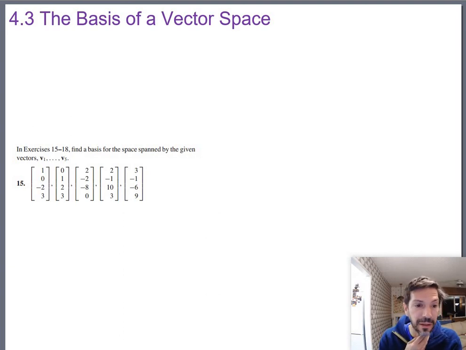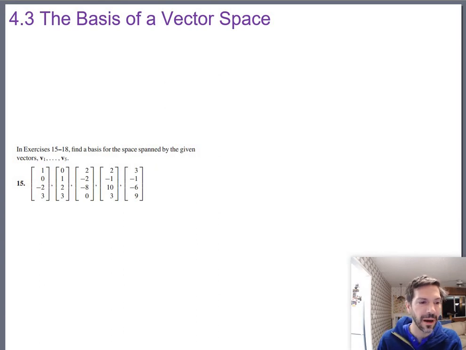And finally, for 15 through 18, which are some of the last problems on your homework, it says find a basis for the space spanned by these vectors. So again, now we're not talking about a column space or a null space directly. We're just talking about the span of these 5 vectors. It's 5 vectors in 4-dimensional space that guarantees that at least one of them is going to be linearly independent, maybe more of them.